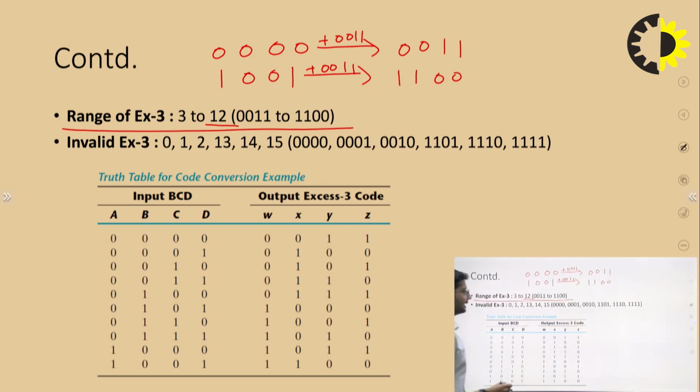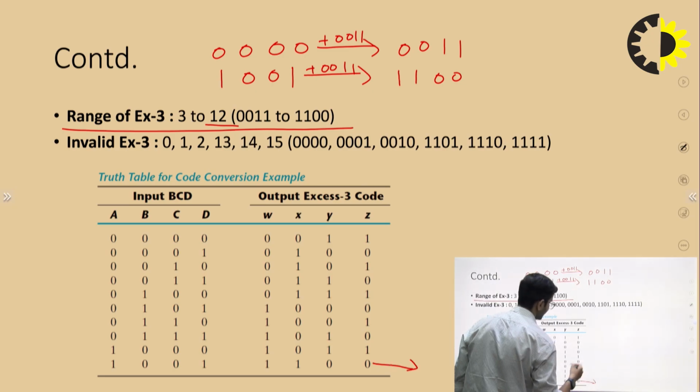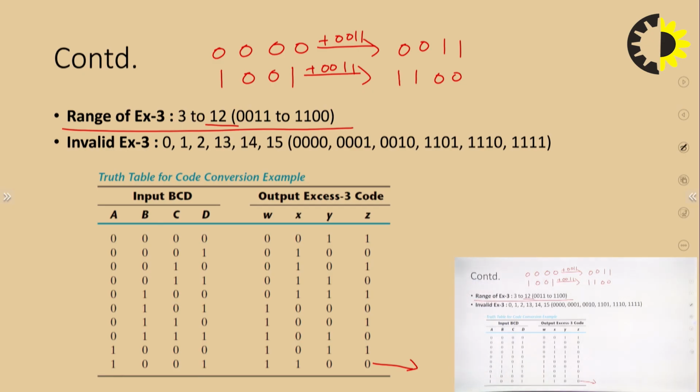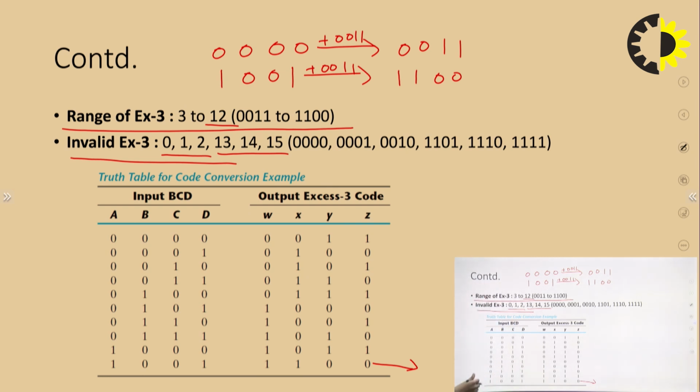So the range is from 3 to 12 only, because 0, 1, 2 will not appear in the excess 3 code, because it will start from 3 and it will last up to 12, because BCD is valid up to 9, and 9 plus 3 will become 12. So the invalid excess 3 numbers are 0, 1, 2 and 13, 14, 15.